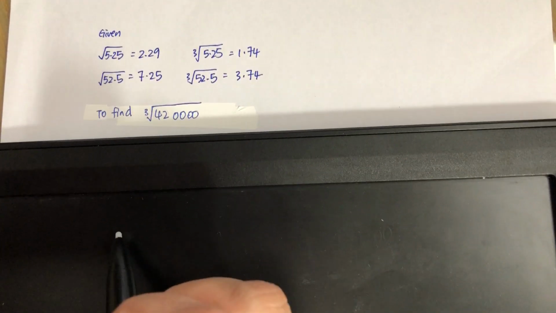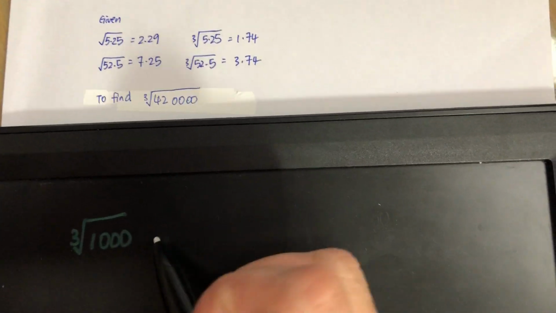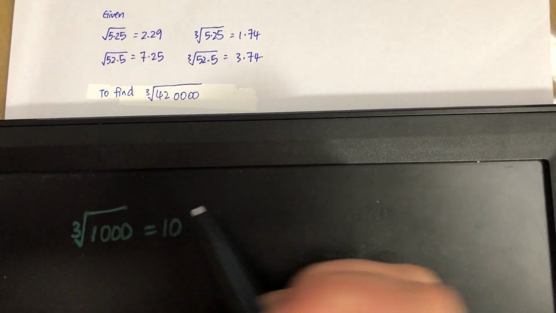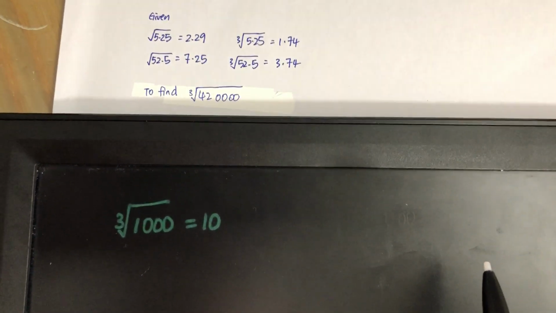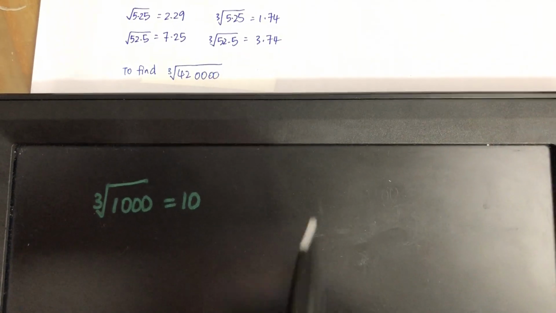Now, remember, we know that this is going to give 10. That is, 1000 is a perfect cube. So let's try to simplify this number first using this.